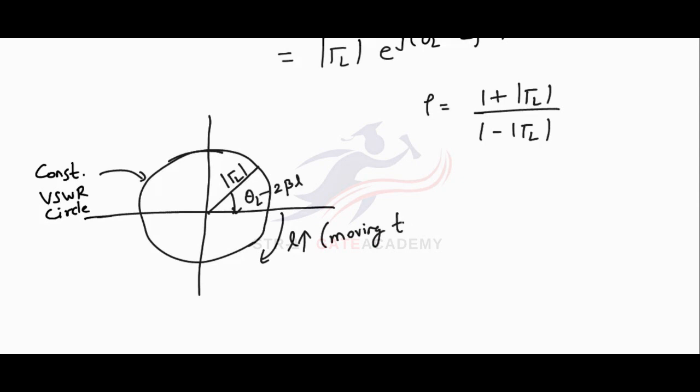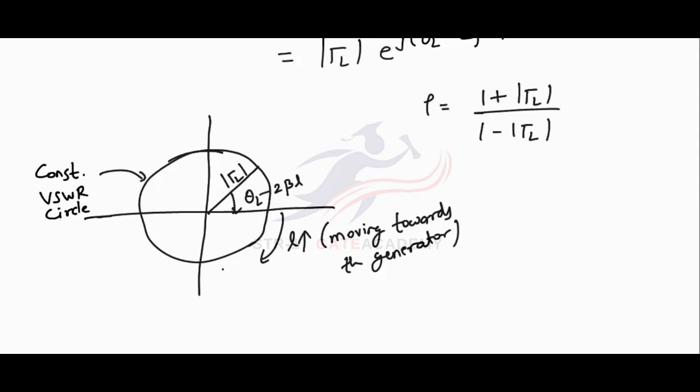This is very important. Moving on the Smith chart in the anti-clockwise direction means you are moving towards the generator, whereas the reverse direction means you are moving away from the generator.